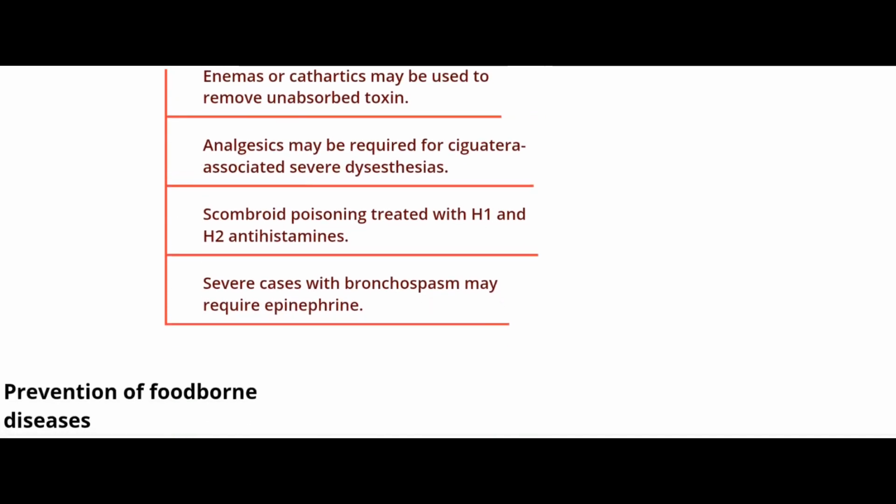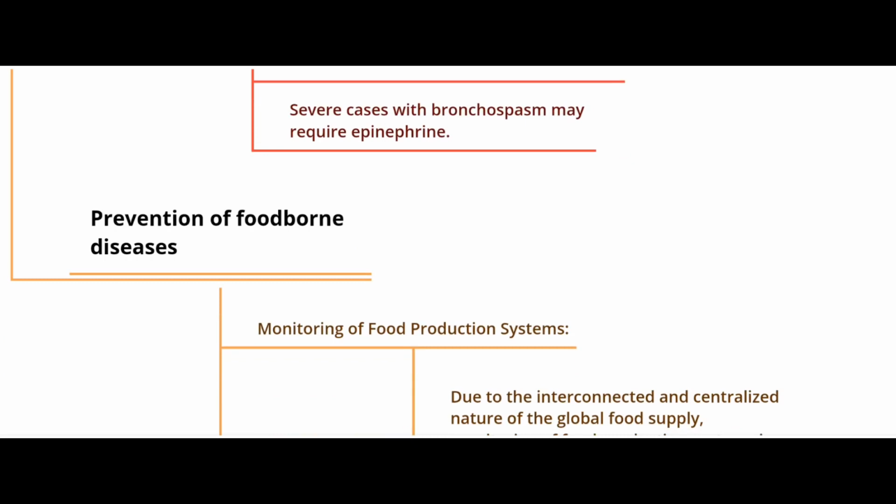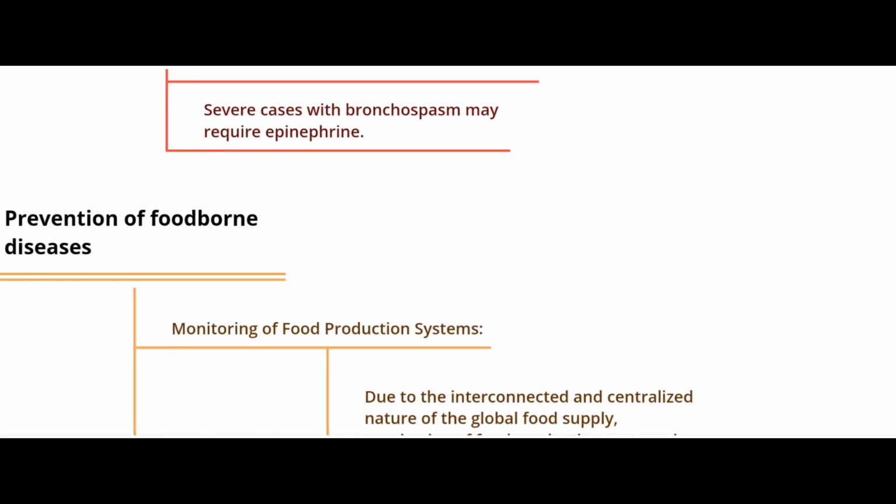And for example, in scombroid poisoning, we can use H1 and H2 antihistamines, and some cases may use intubation and epinephrine. How to prevent foodborne disease?